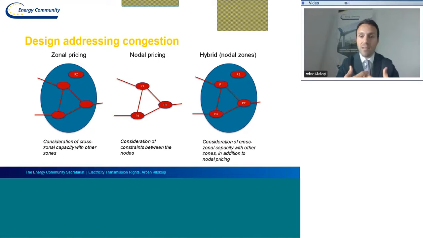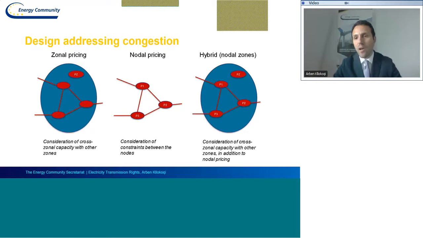And it results that in each node, because of these constraints, you have a different price. While we had a zonal price in the zonal market, you have a nodal price for each node in the system. You might have cases where you have the same price in both nodes. However, this represents that potentially there are no constraints between those nodes.